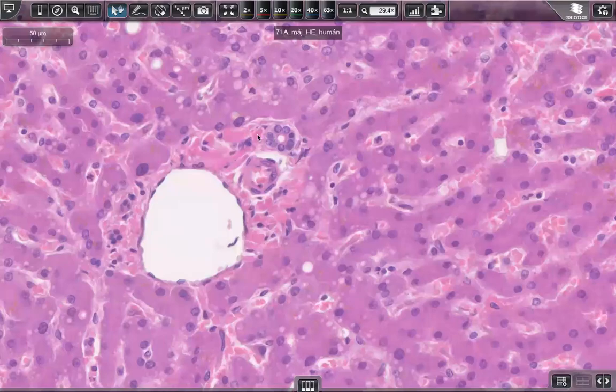So we can see three types of structures: interlobular vein, artery, and duct. They are the sub-branches of the portal vein, sub-branch of the proper hepatic artery, and eventually the continuation of the bile system.